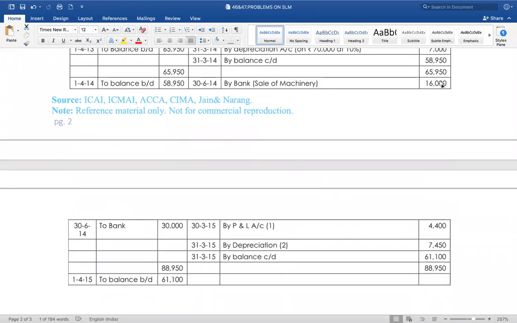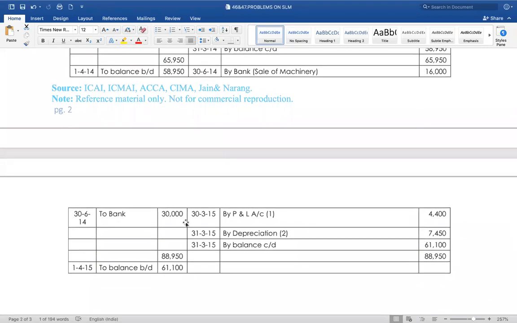Now, as you sold this asset, what is the date? 30th of June 2014. On the same day, you bought another machine for 30,000, to bank, 30,000. So what is the total on the debit side?